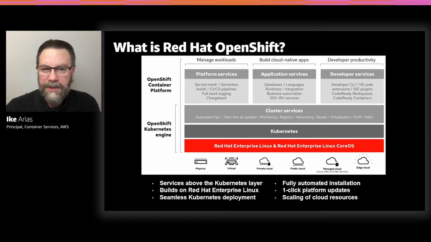These include cluster services such as monitoring, managing, and updating the cluster, services such as built-in CI/CD pipelines and logging, application services such as databases, language runtimes, and many others through what's known in Kubernetes as operators, and developer services such as a rich console, CLI, and tools for code editors, IDEs, and more. An important point is that regardless of where customers run OpenShift, the experience remains consistent, which is a highly sought after feature.